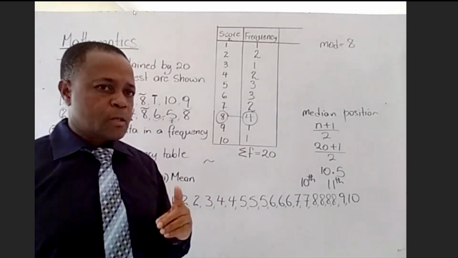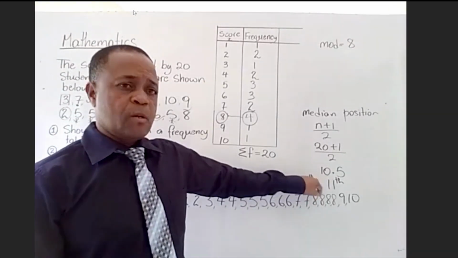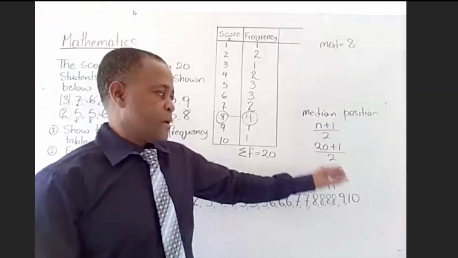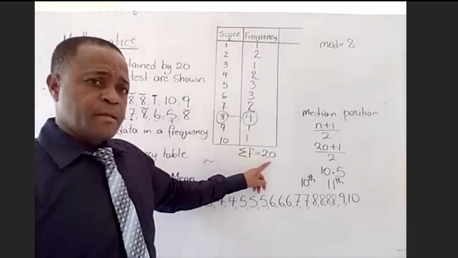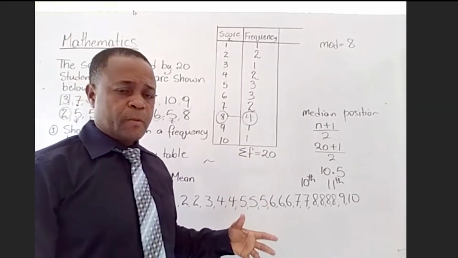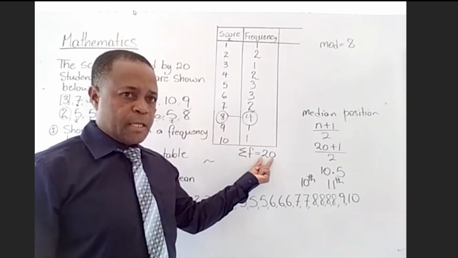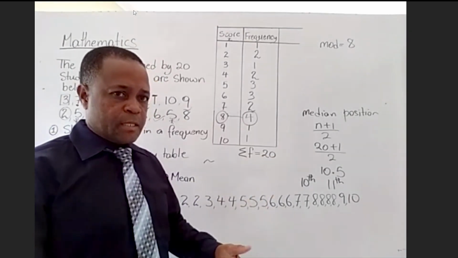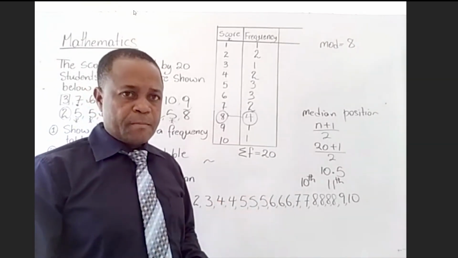Now again, I want to explain that this will only happen when there's an even set of measures. Notice we have 20 measures, so in that case, we're going to find two values in the middle.